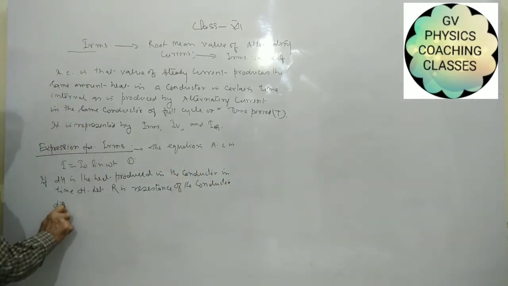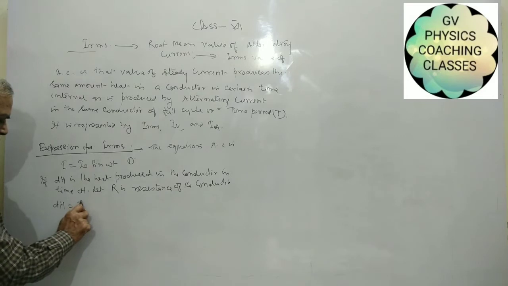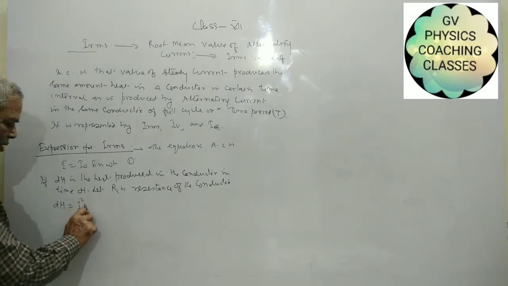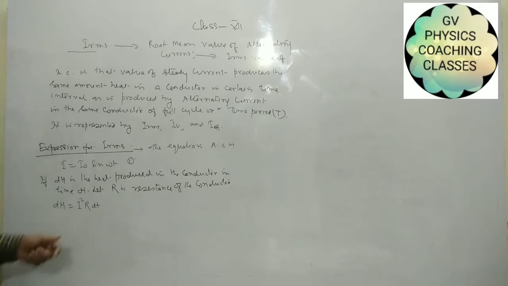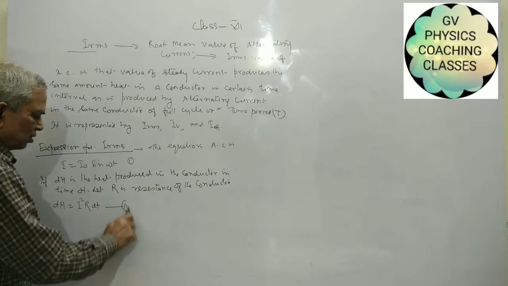Then dH is equal to I square R dt. This is equation second.